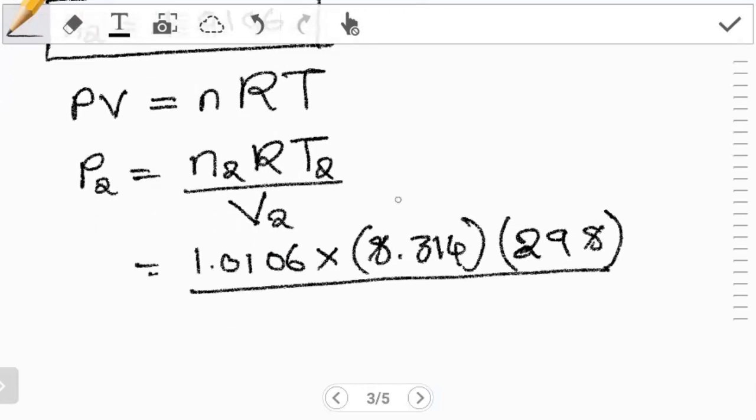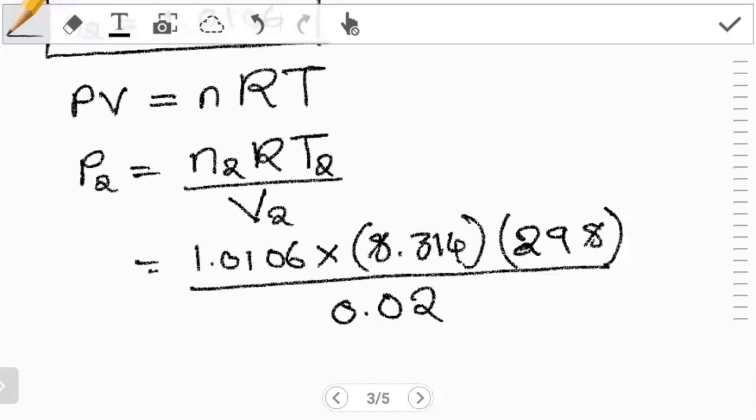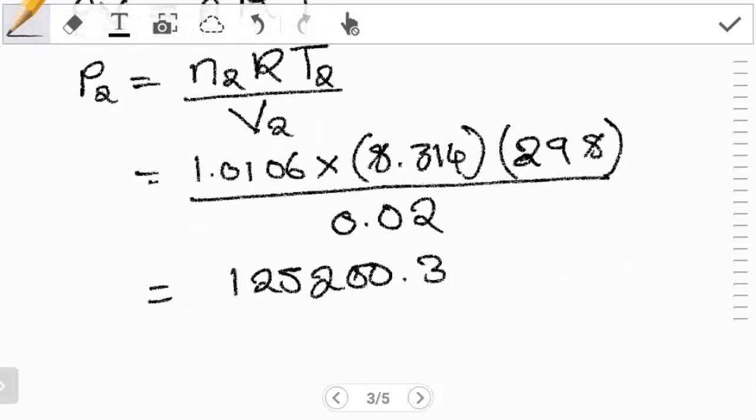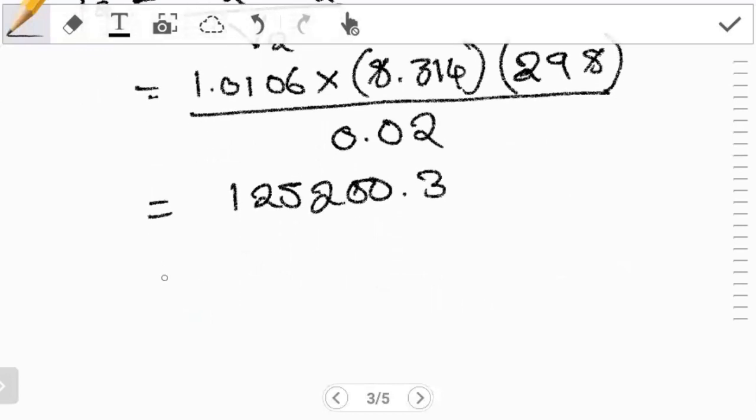V2 is 20 liters, convert that, and you have 0.02. So if you work out this, you get P2 as 125,200. This is a long value, I'll just end it there. Write it in scientific notation to 3 significant figures, and this becomes 1.25 times 10 to the power 5 pascals.